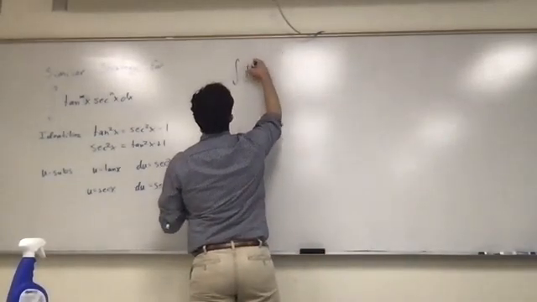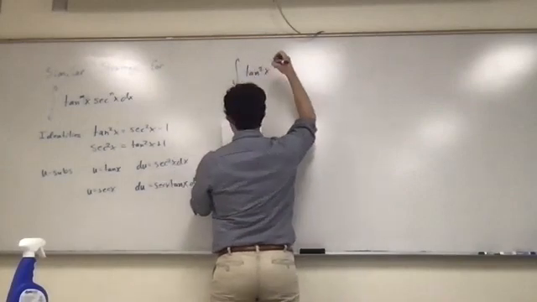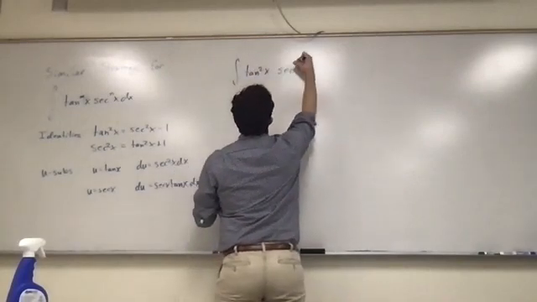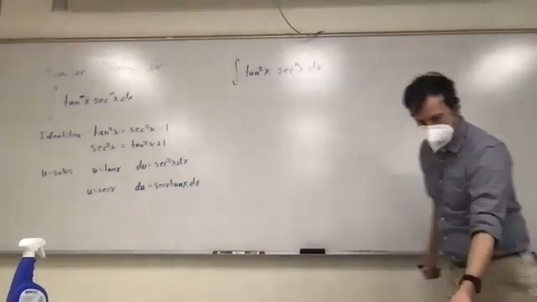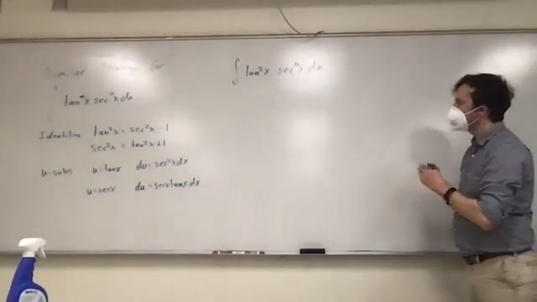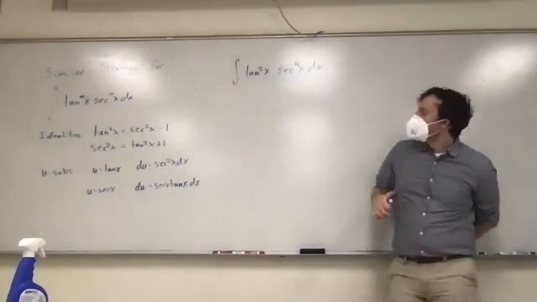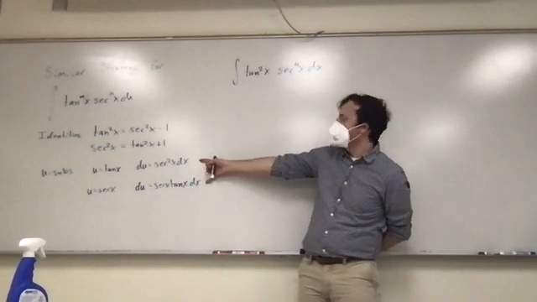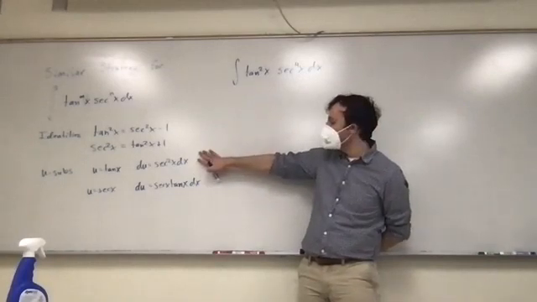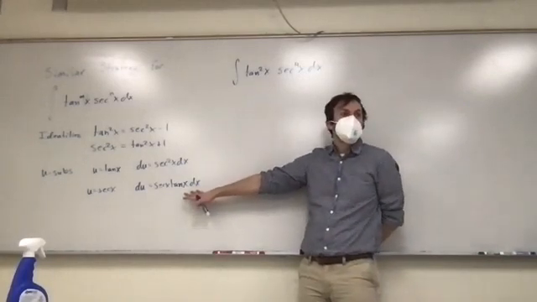So what about this? The integral of tangent squared secant to the fourth. In this case, we have both of these things in here. We have two secants, and we have at least one of each kind.